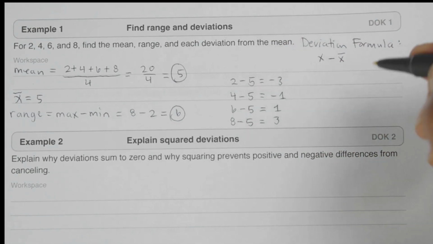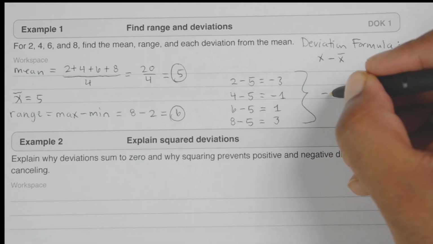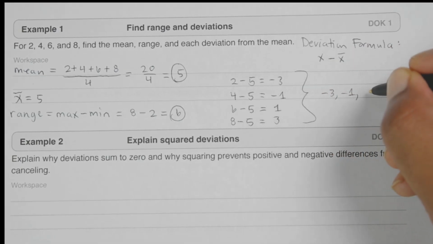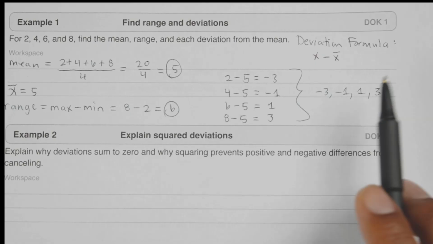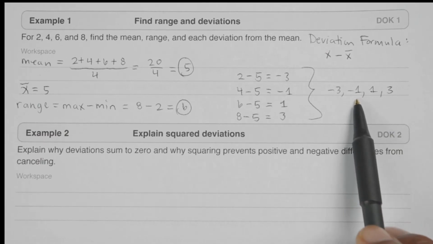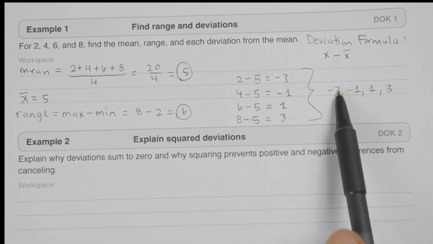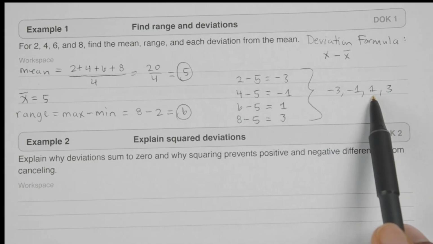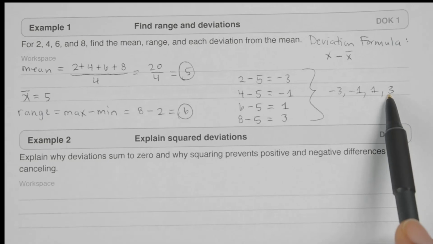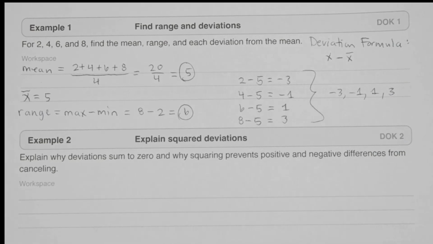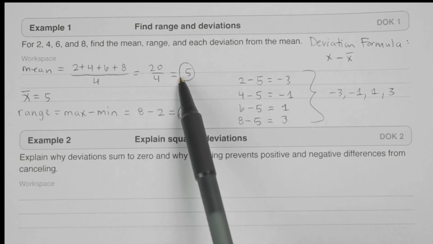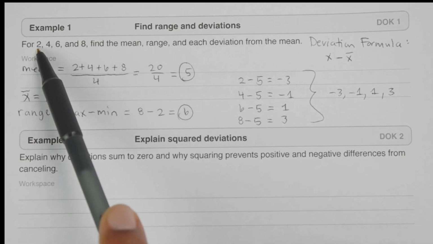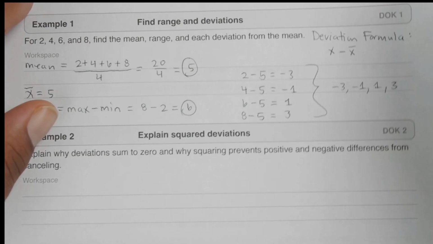So our deviations are -3, -1, 1, and 3. This means one value is 3 below the mean, one is 1 below the mean, one is 1 above the mean, and one is 3 above the mean. So to find the deviation of anything, calculate the mean, then subtract the mean from each data piece individually, and that'll tell you what the deviations are.